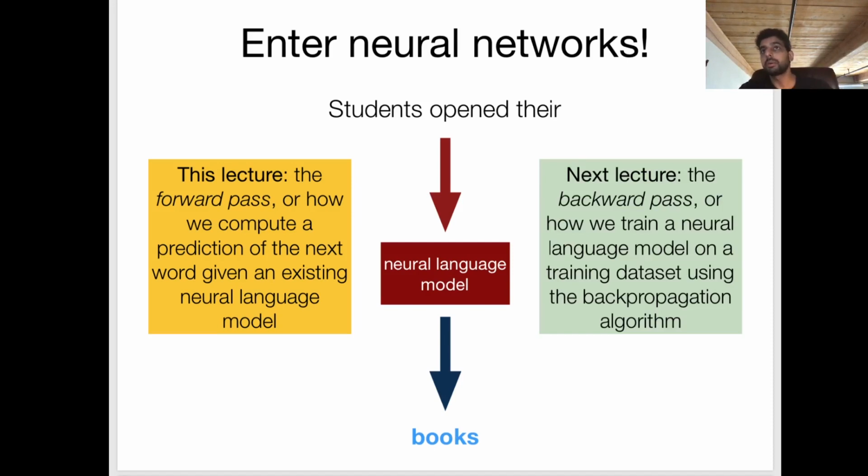So this is the backward pass, how given a training data set, we're going to estimate the parameters of our neural network model using the backpropagation algorithm. And our training objective is also going to use maximum likelihood. We're going to maximize the probability of our training data conditioned on the observed prefixes and the parameters of our model.